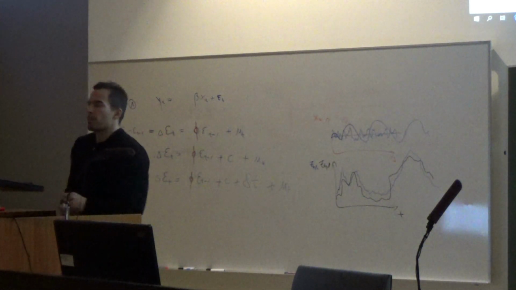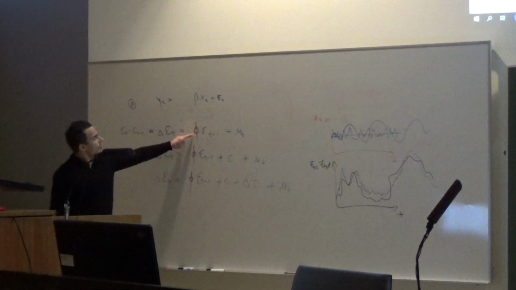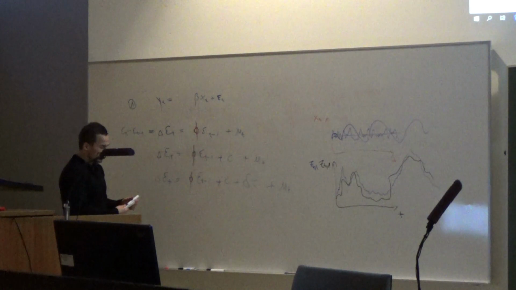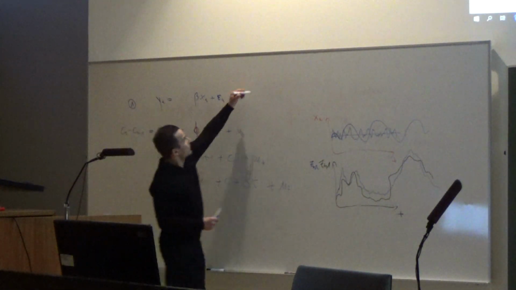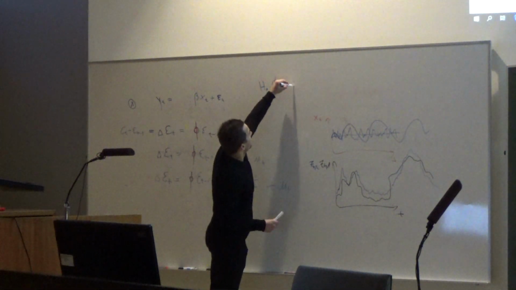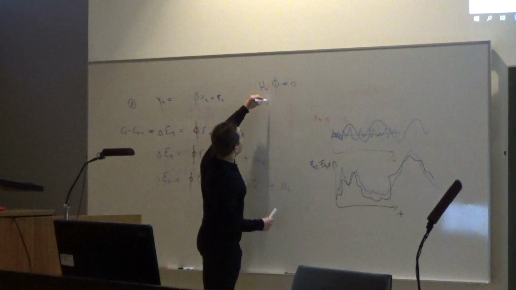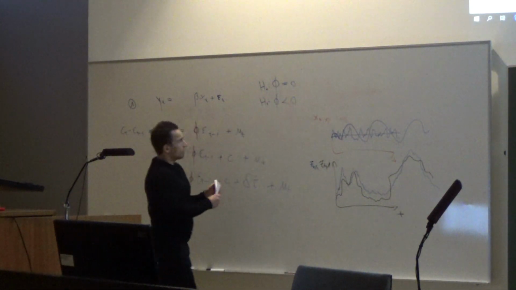And again, if our phi, this guy here, under the null hypothesis, we assume it's a random walk. So we say, okay, this guy here is 0. Under the alternative hypothesis, H1, phi is smaller than 0.